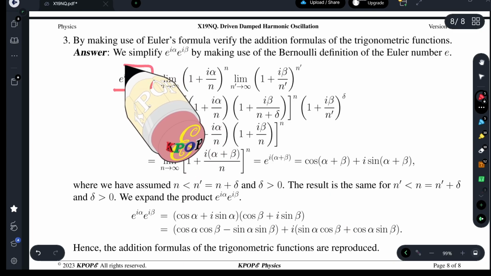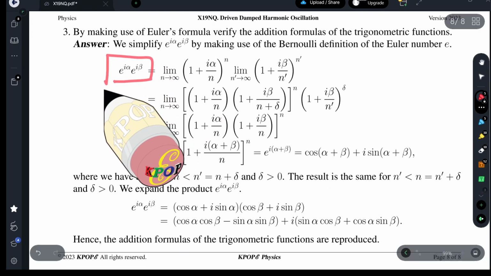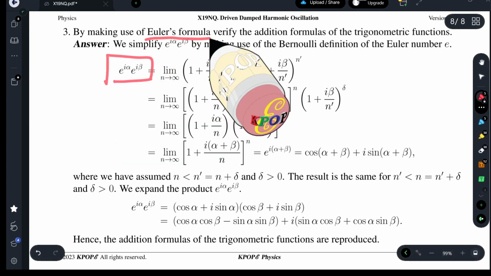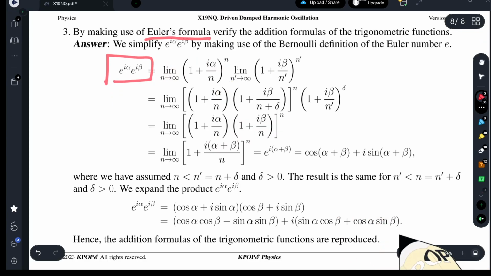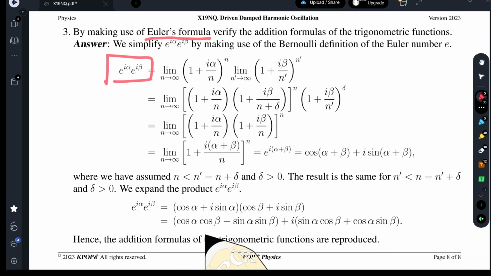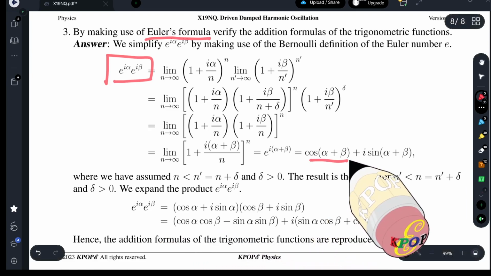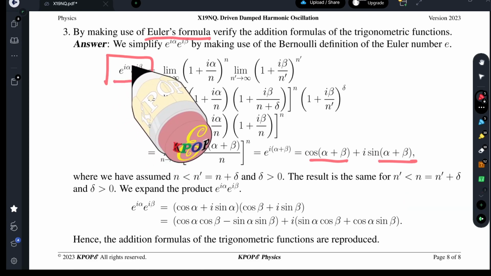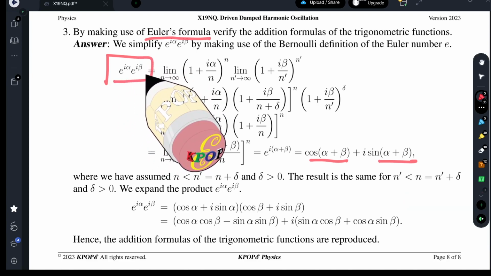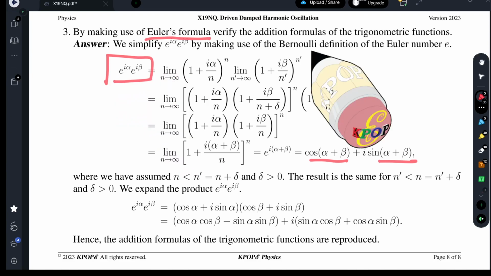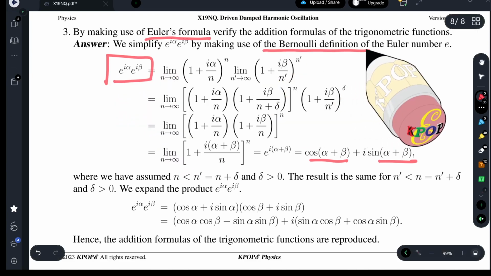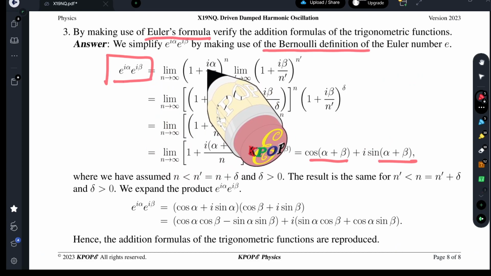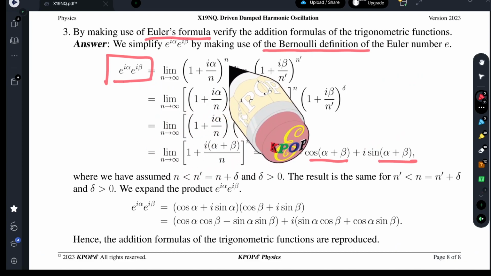We can also apply Euler's formula to find the addition formula for the trigonometric functions. Okay, e to the i alpha and e to the i beta can be multiplied, and we make use of Bernoulli's definition, so this is (1 plus i alpha over n) to the n times (1 plus i beta over n') to the n'.